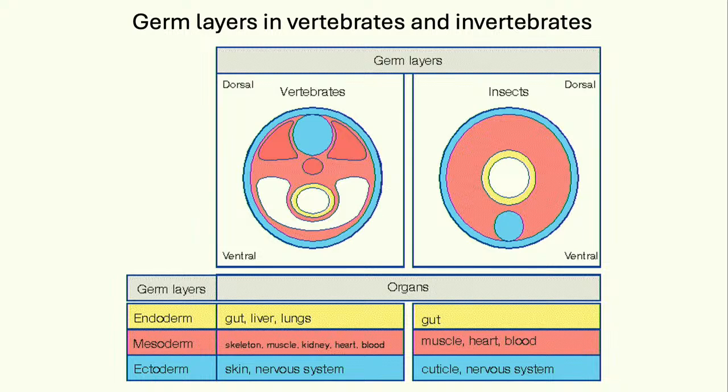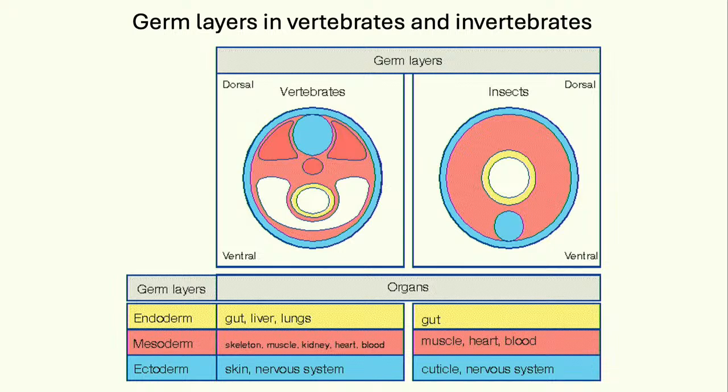Okay, so when we look at the formation of germ layers, there are some interesting differences between vertebrates and invertebrates, all right. So even though they are both broadly classified into 3 kinds of germ layers, what we see here, which is a commonality, is that the ectoderm, which forms the skin and the nervous system, is present towards the outside. The nervous system is what is different.